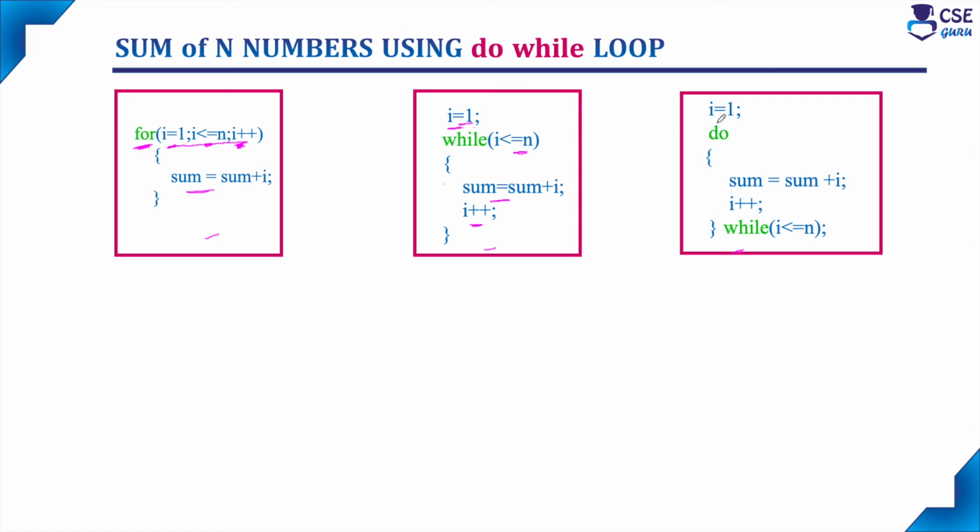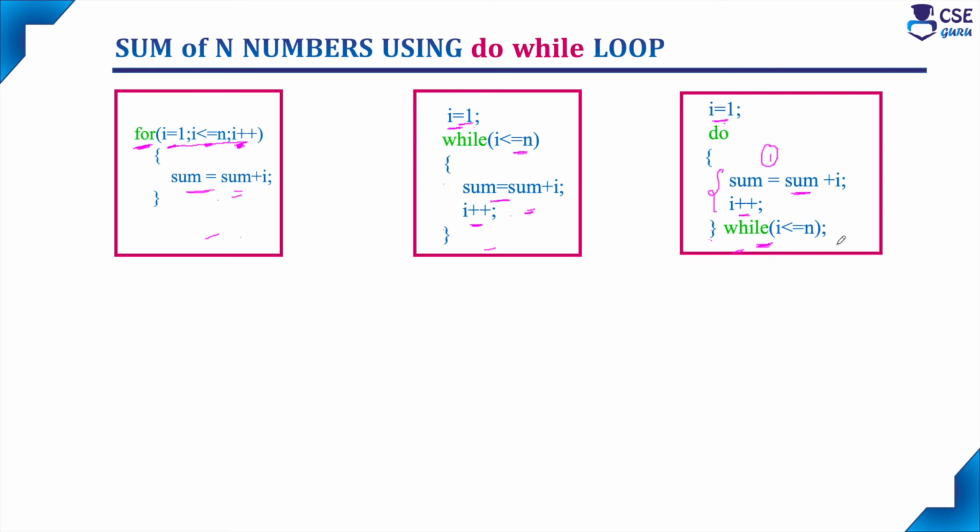So in do-while loop, i is initialized to 1 first, then by default the body of the loop will execute once. That is, in the first iteration it will find the sum value, then it will update the i variable, then it will check the condition.